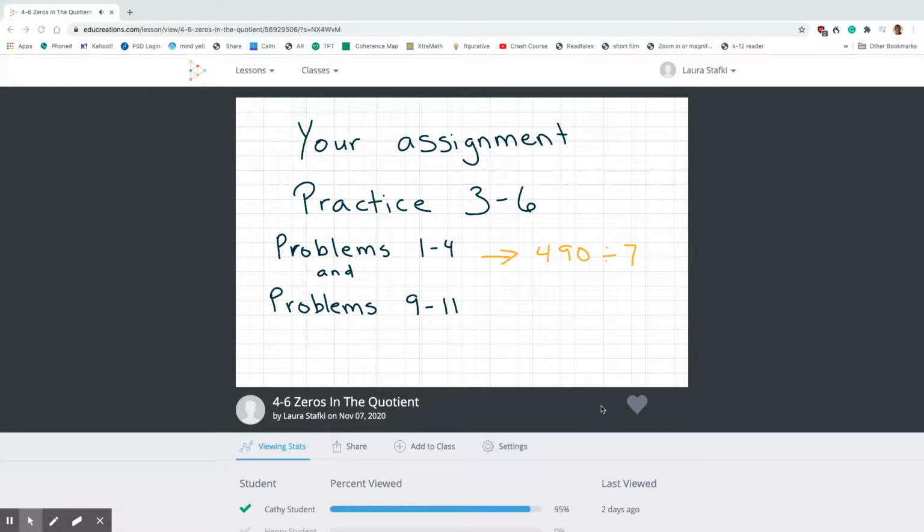Now when you want to set up a problem like that, you've got to think of what you're doing. This is saying 490 divided by 7. And I wanted to do the problem. I want to set it up so it's 7 going into 490.